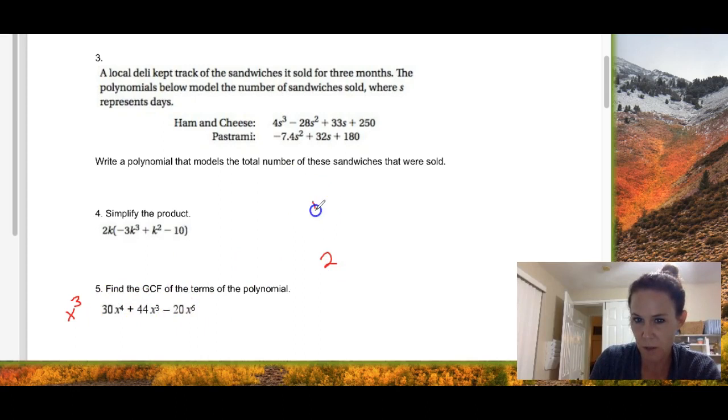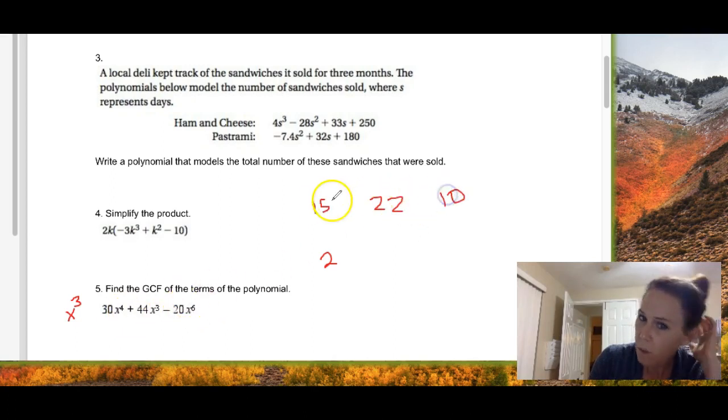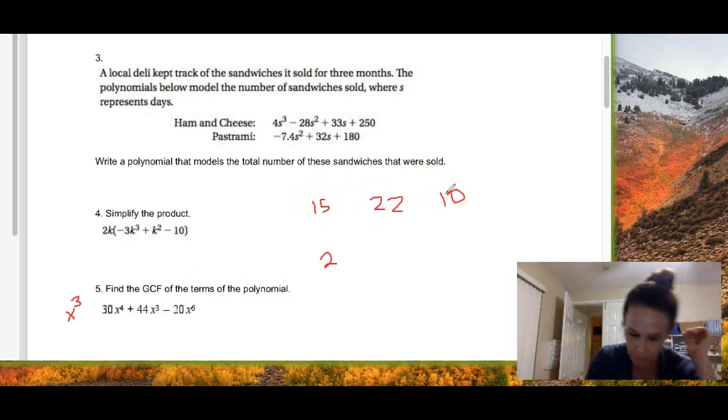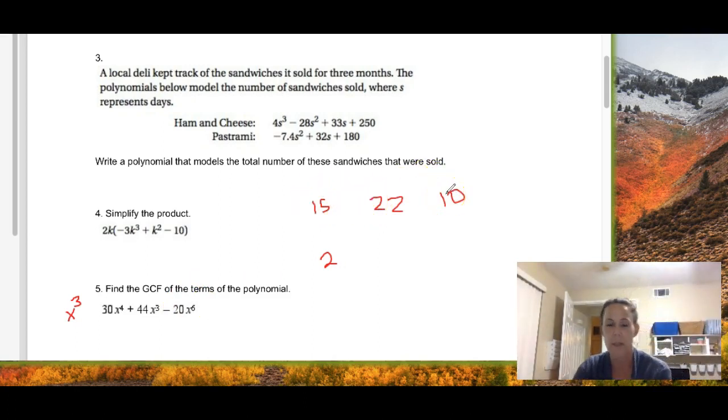If 2 goes into 30, it would leave me with 15. 2 goes into 44, it would leave me with 22. 2 goes into 20, it would leave me with 10. Well, look at each of these numbers. Is there anything else that divides evenly into those numbers? Let's see. Well, 15 and 10, a 5 would go into those, but 5 doesn't go into 22.